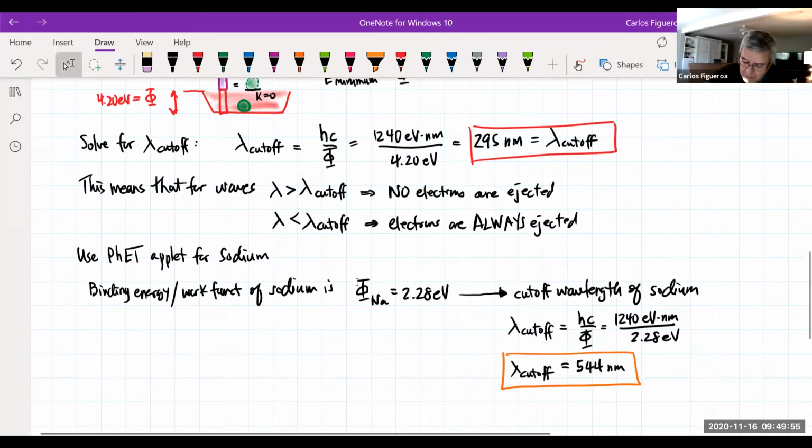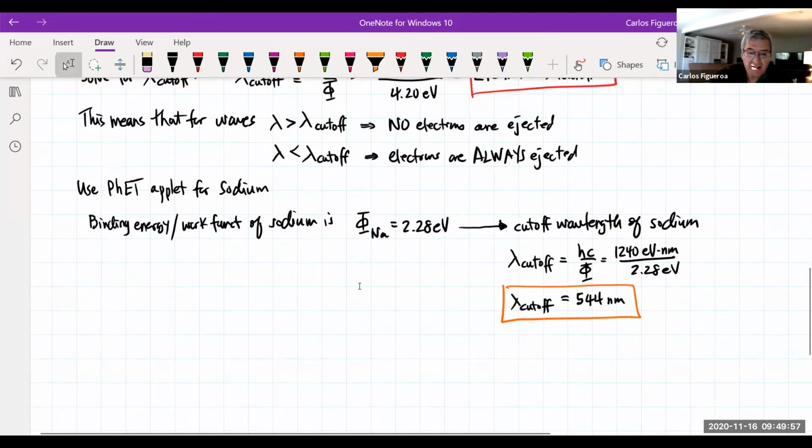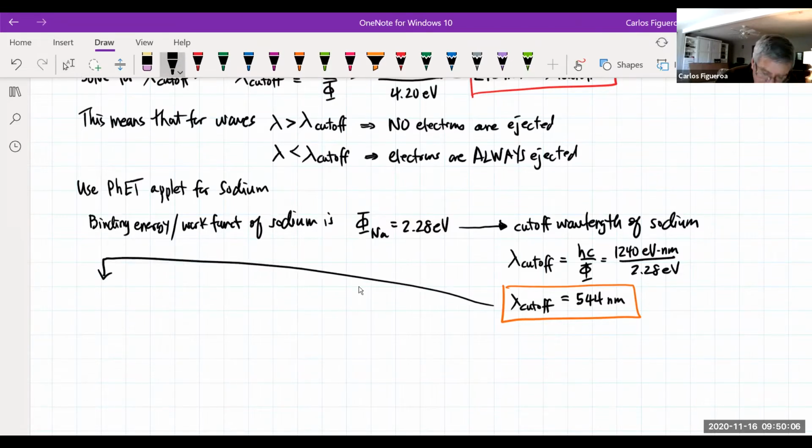So what I'm going to do here is shine light onto sodium. I'm going to start off by shining yellow light, and yellow light is about 560 nanometers.